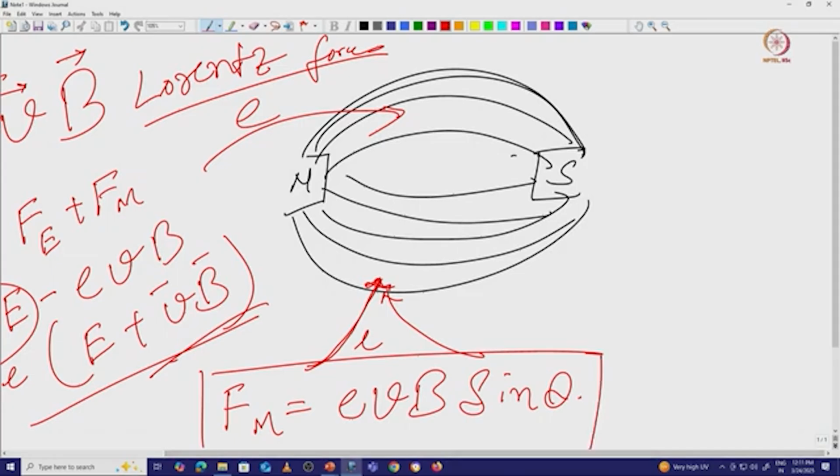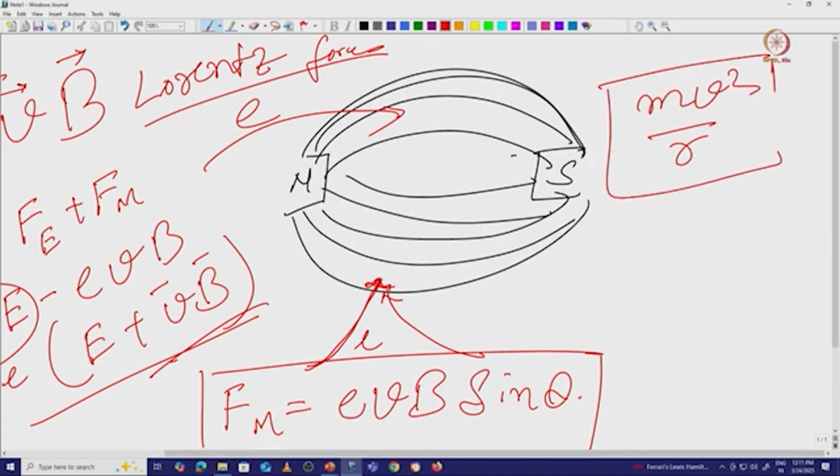So now, when an electron is entering this, if sin theta equals 1, the electron will also feel another force, called the centrifugal force. The centrifugal force we can write as mv square by r, the centrifugal force of the electron in a spiral motion.